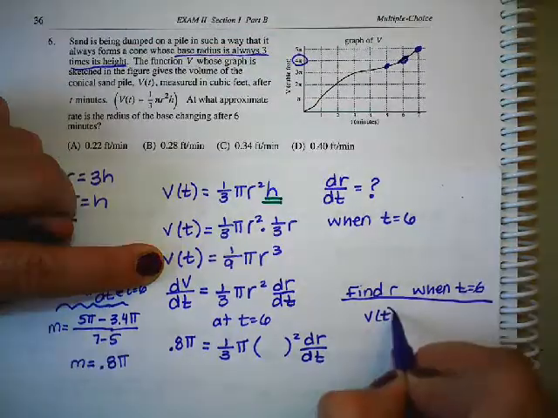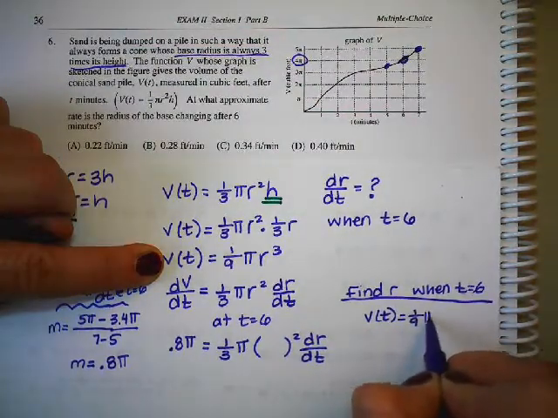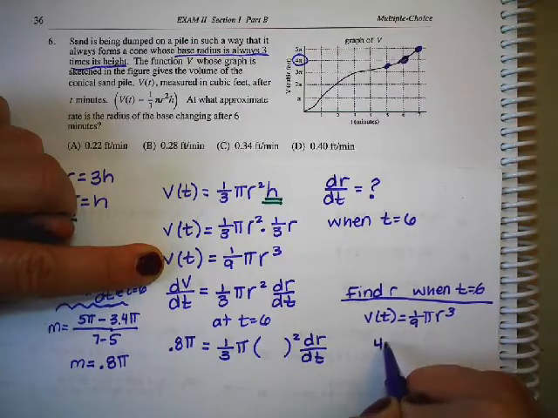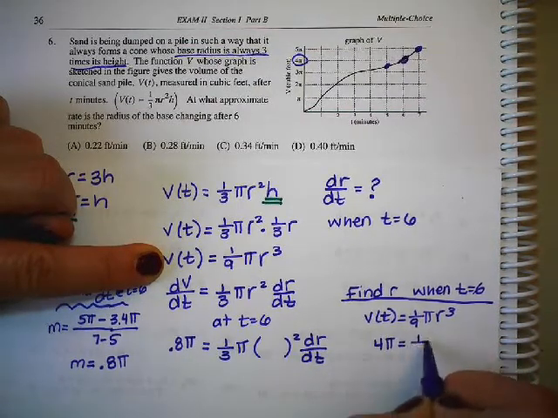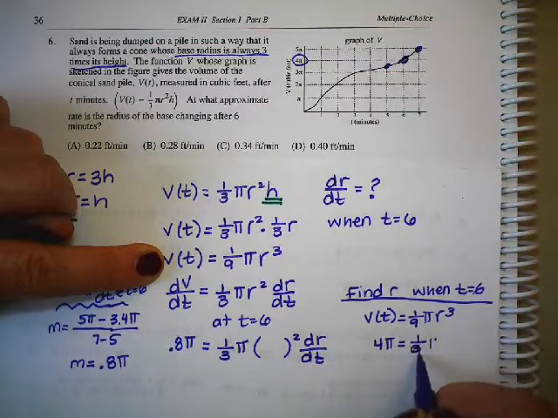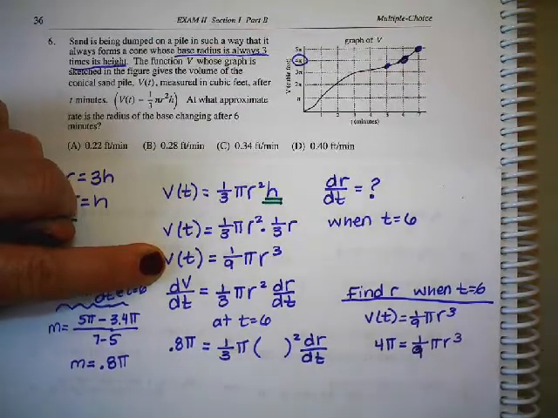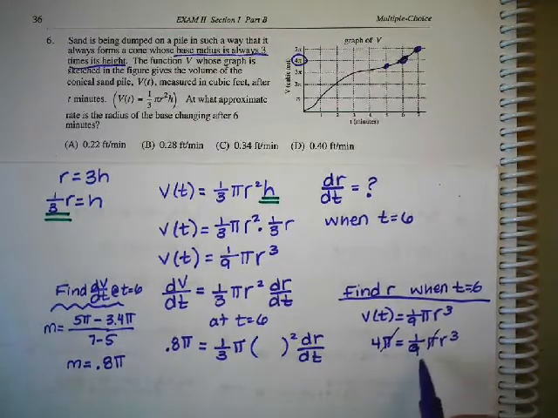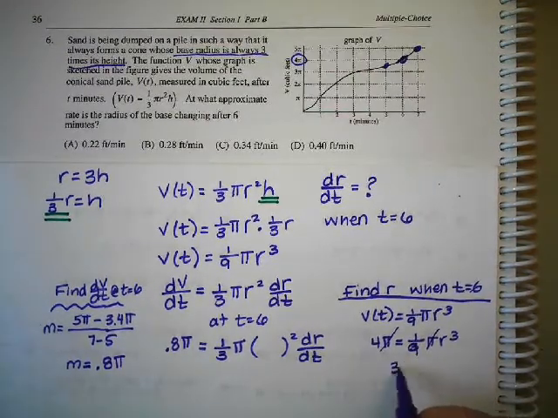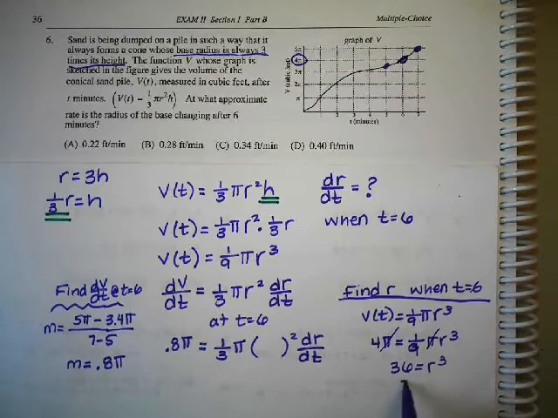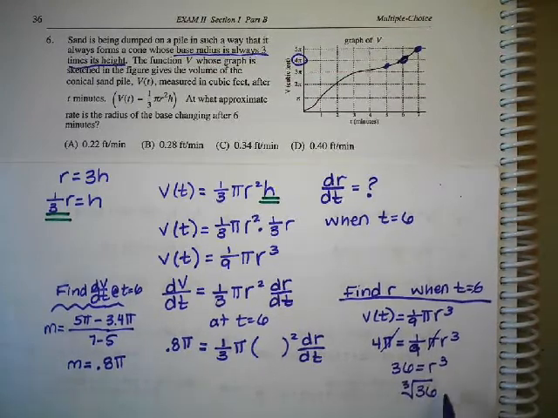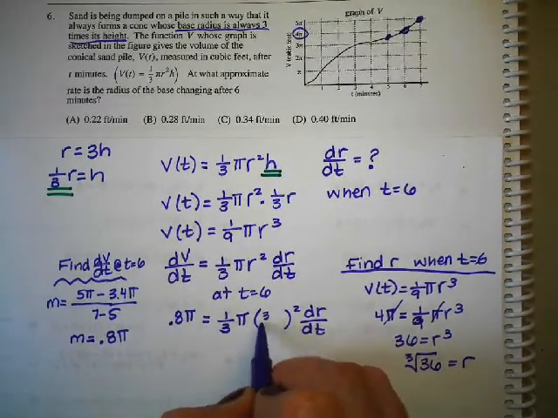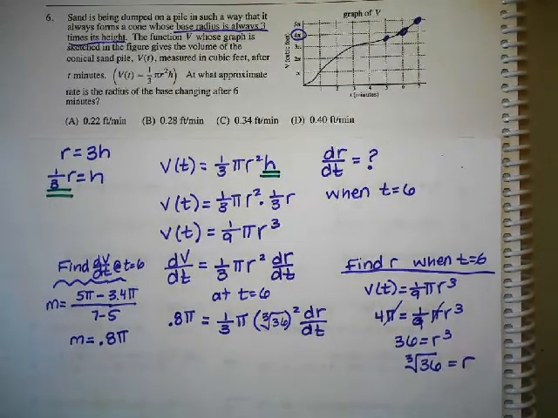So I'll write my equation. My volume at time is 6 is 4 pi, equals 1/9 pi r cubed. And I'm going to just solve this equation for r. So I can slash the pi out from both sides. I can multiply both sides by 9. I can take the cube root of both sides, and I get that r is the cube root of 36. So that's going to go in right here.